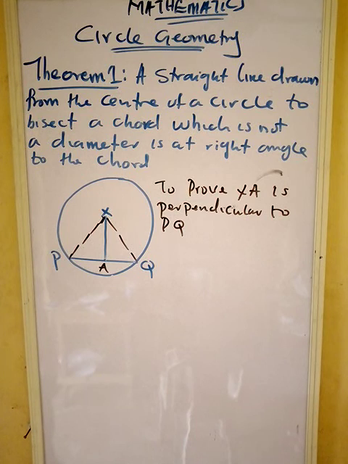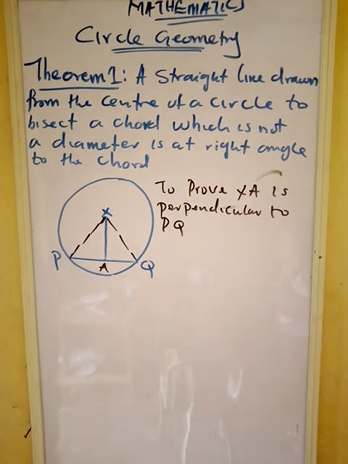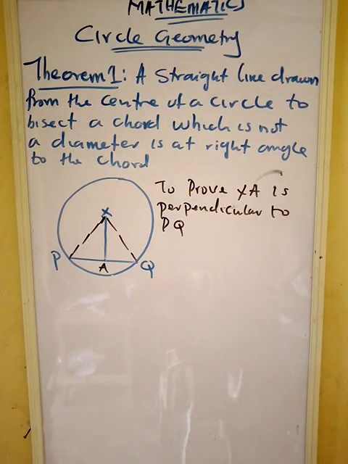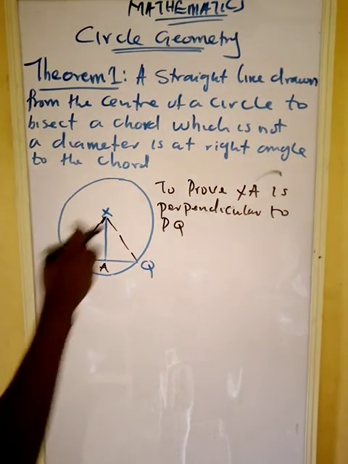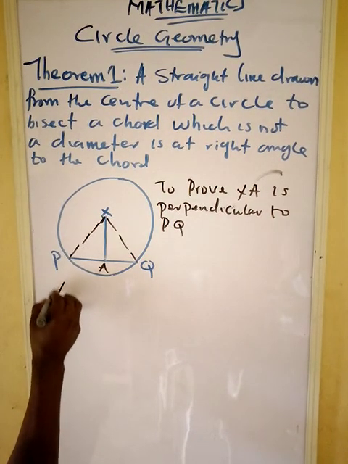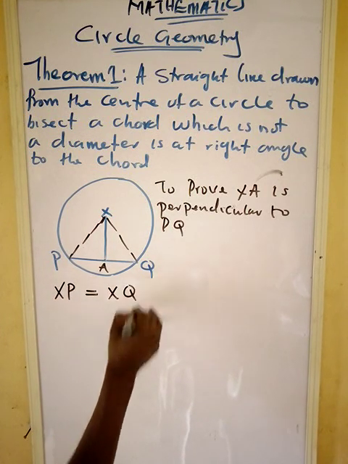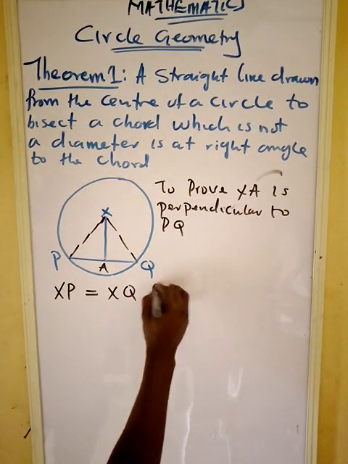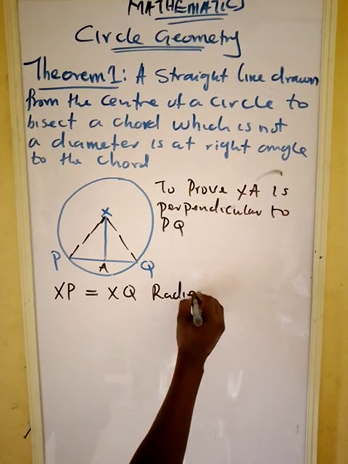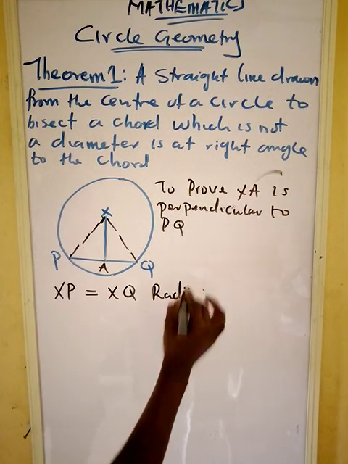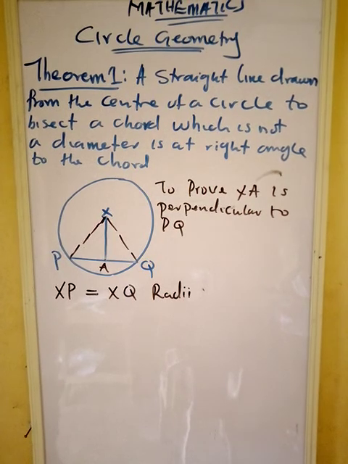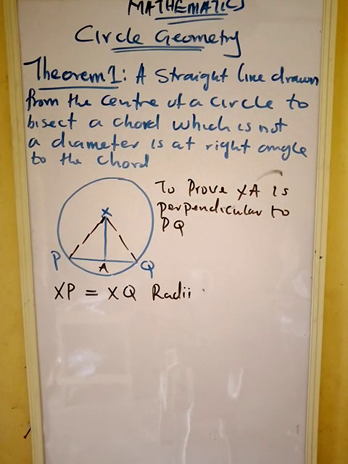So if you look at this circle, what we have here is that SP is equal to SQ. That is our radii. SP is equal to SQ, which is our radii.